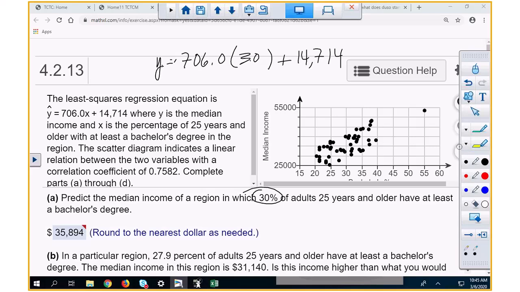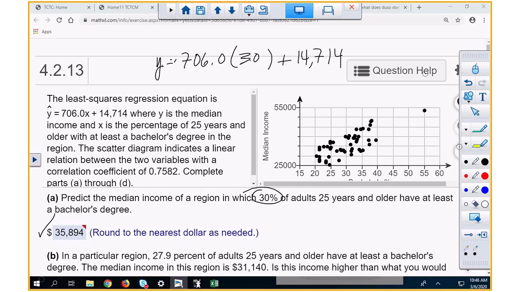Well, 30 times, that'd be a pretty good chunk of money. 35,894. Look at that. And then they ask you to plug in 27.9 and check it with that and tell them if it's higher or lower. So somebody plug in 27.9 and tell me if it's higher or lower than 31,140.